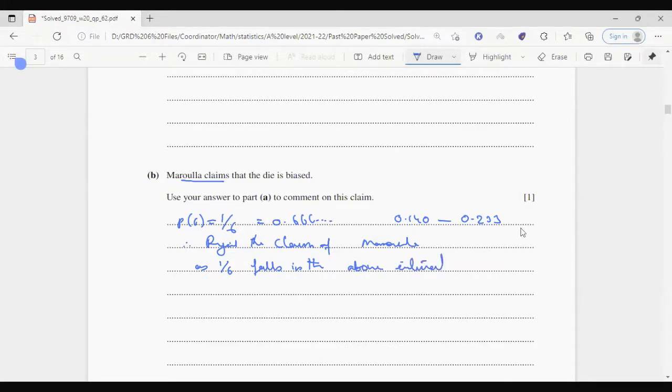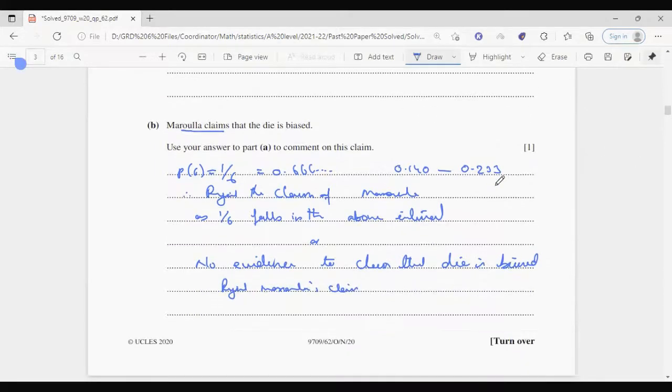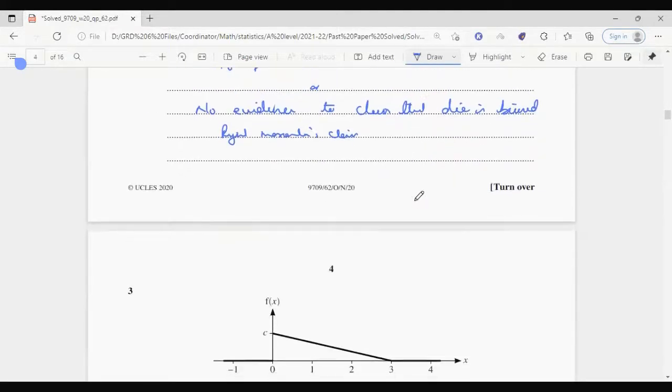Also, in place of this, you can write: no evidence to claim that the die is biased. So reject Marola's claim. Any of these options would be fine.